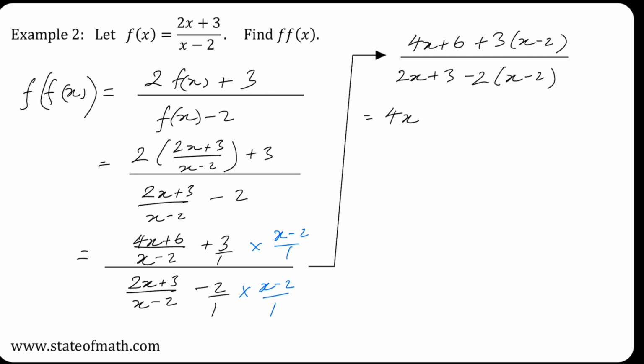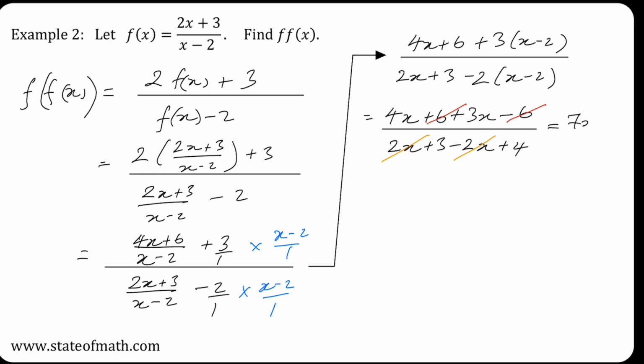I have 4x plus 6 plus 3x minus 6 all over 2x plus 3 minus 2x plus 4. Now some things cancel out here, the minus 6 with the plus 6, and also the minus 2x with the 2x, and I'm left with 7x over 7, which is equal to x.